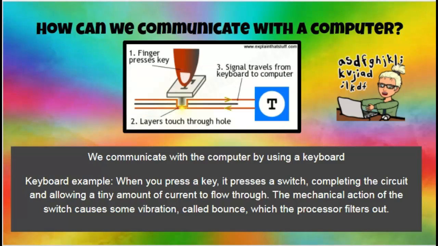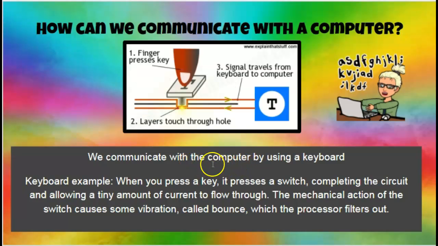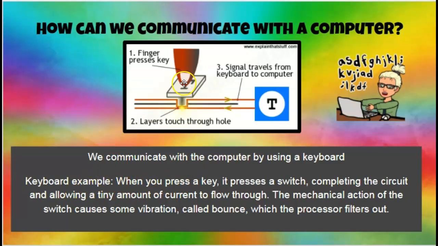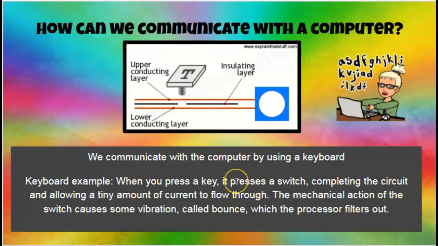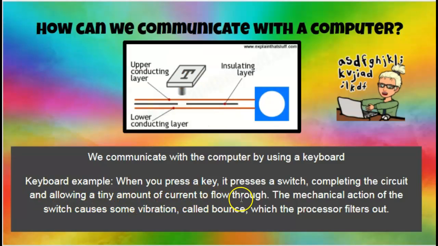But how can we communicate with a computer? Well, we communicate with a computer by using a keyboard, which is just one input device. If you look at this graphic, a computer keyboard example, when you press the letter T, in this case, it presses a switch, completing a circuit and allowing a tiny bit of current or electricity to flow through it.